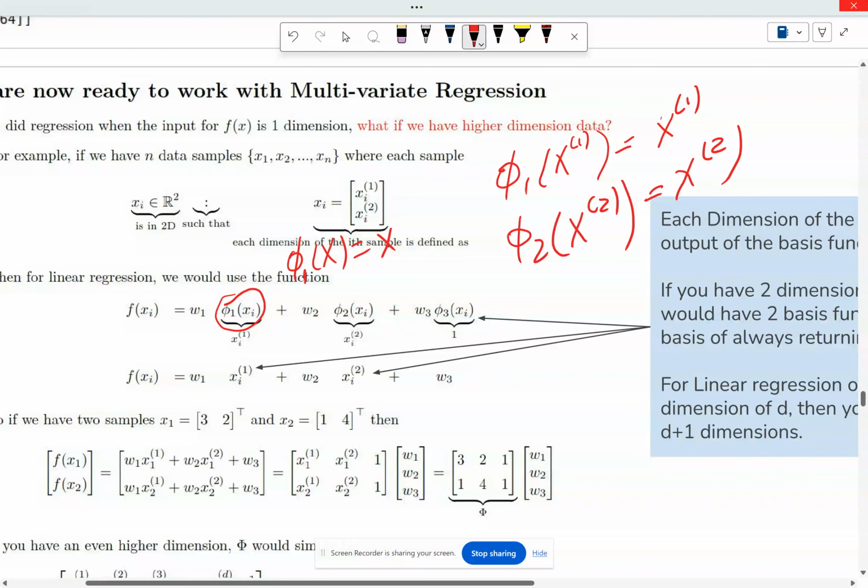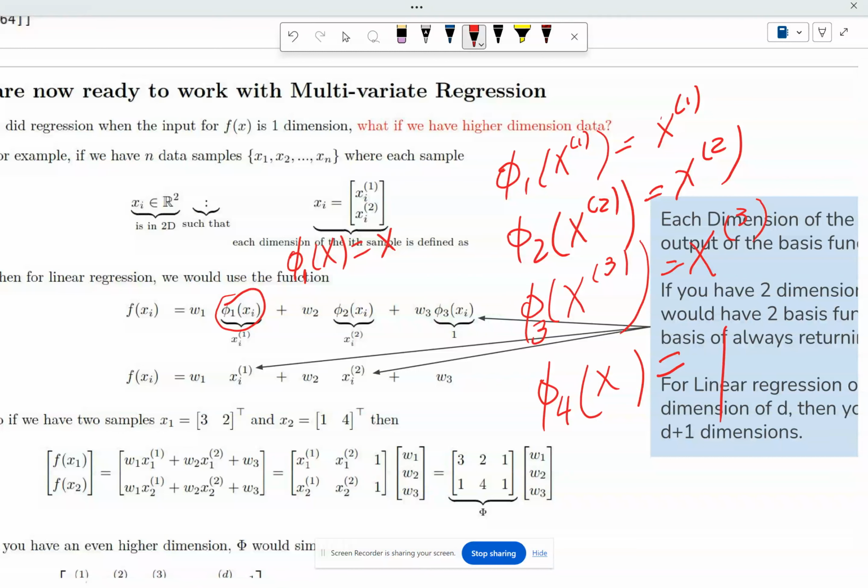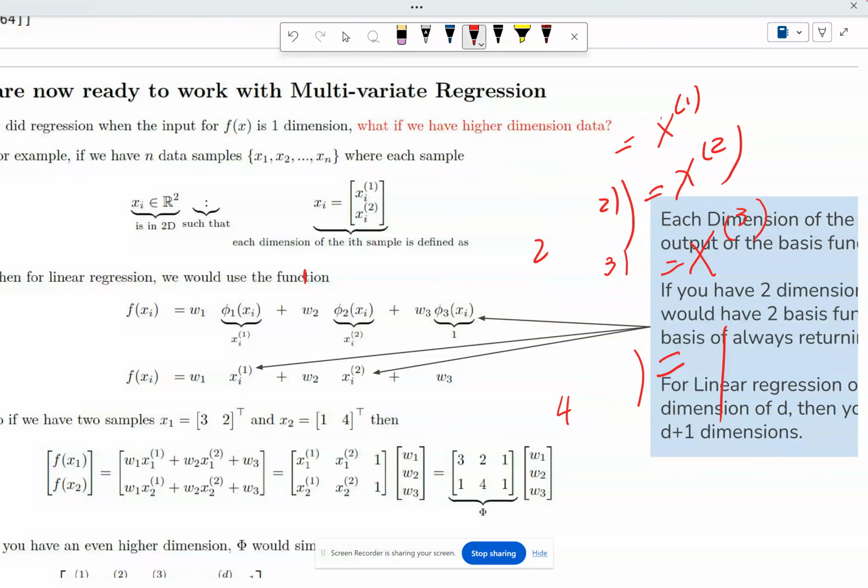And then depending on how many dimensions you have, phi 3 is just going to be the third dimension. But the very last one, you plug the x in, and it's going to return 1. Okay? So when you have 2 dimensions, the first phi would just output the first dimension.